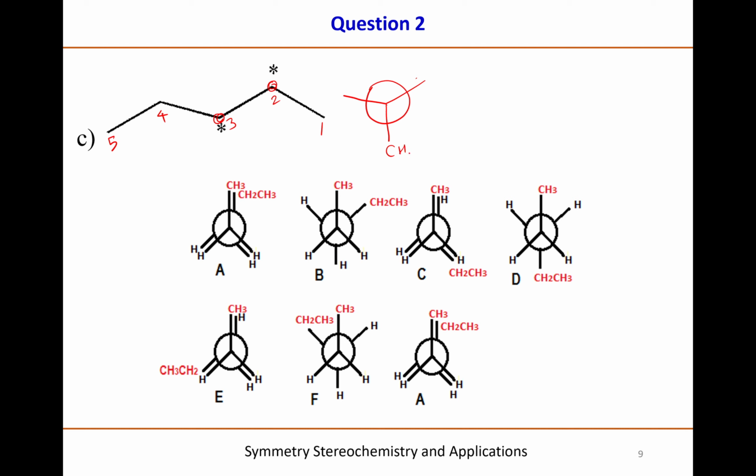Now we have CH3 here and 2H. Now on the backside carbon, one C2H5 group is there. So I will write here C2H5.